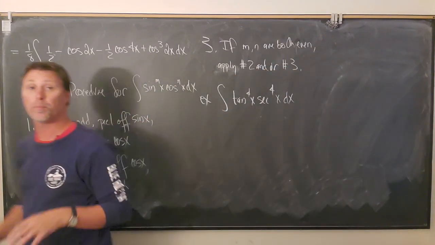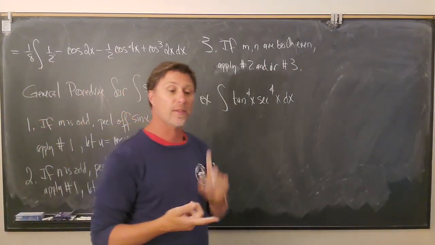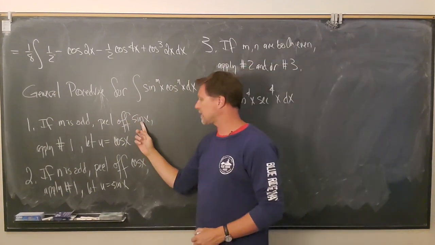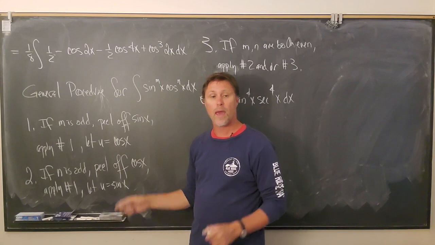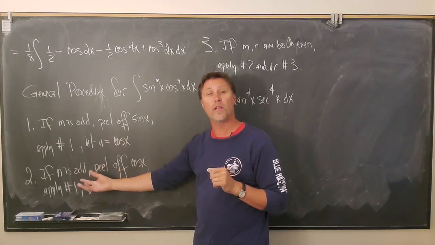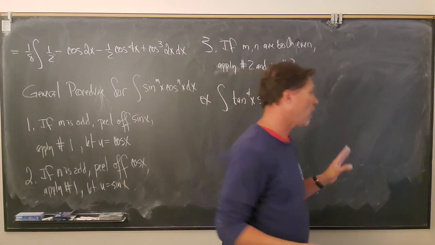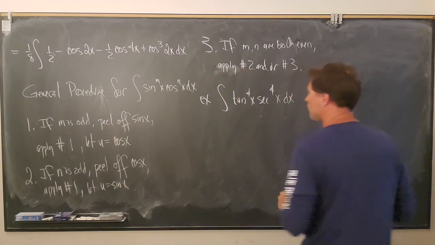That enabled us to apply an identity to get everything in terms of the other trig function, and you just have this dangling sine or cosine. And that sine or cosine was the derivative of whatever was left in the integral. So let's think about that now as we work on this example.